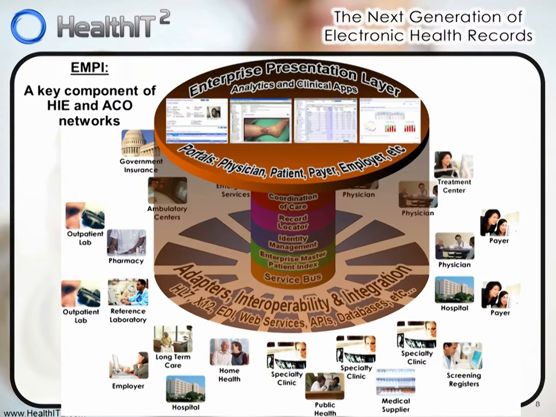So instead of having everybody just do their own thing, the approach today is to share information and have almost a care team, or a virtual care team, with access to all the same data.